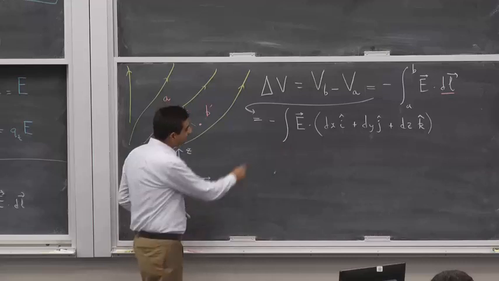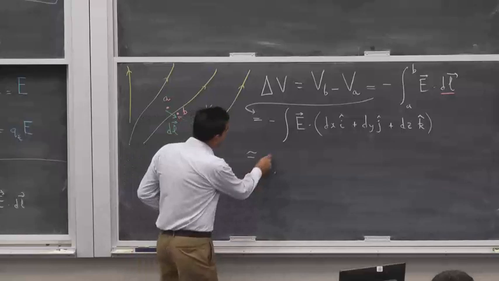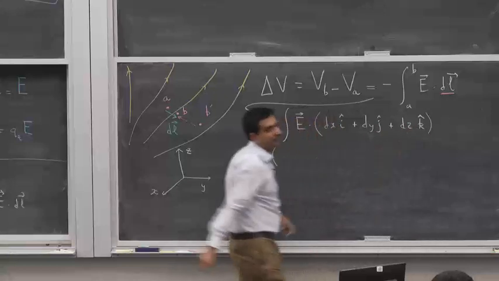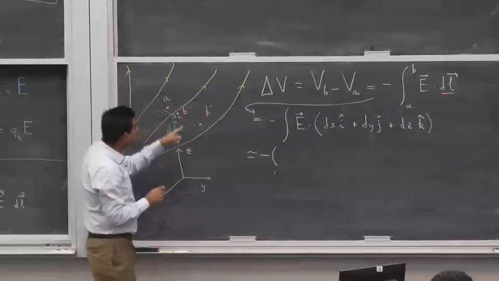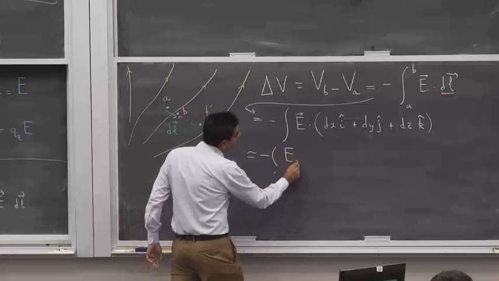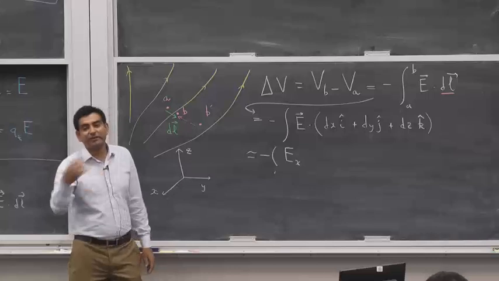So this becomes almost the same as the negative of the dot product of E with this displacement. If the distance between B and A is really small, I can write minus E. E is an electric field, so it will have an x component, a y component, a z component.